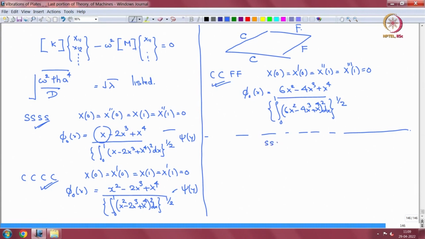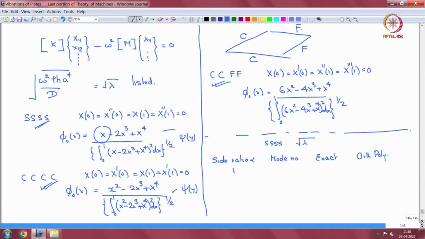If you have a plate that is simply supported on all four sides, we list the root lambda parameter, the side ratio alpha, the mode number, and some value that we compare with exact, then this method, orthogonal polynomials.